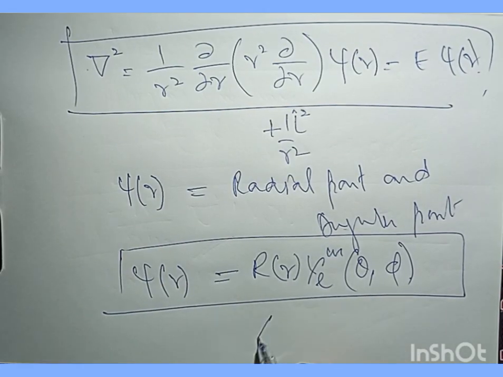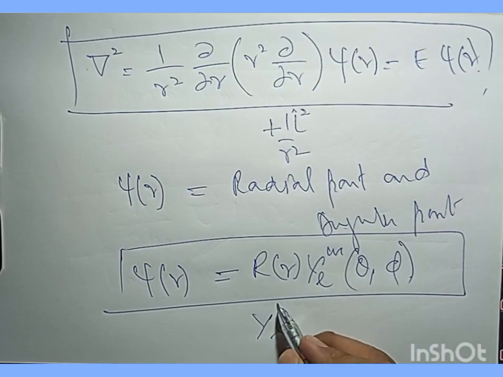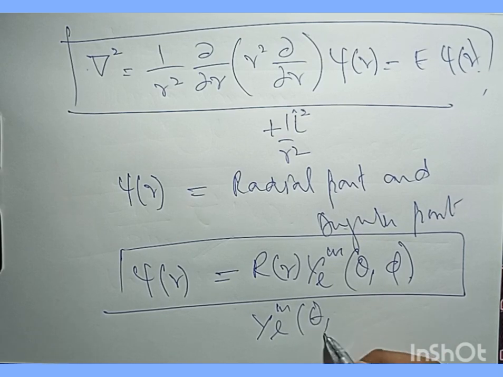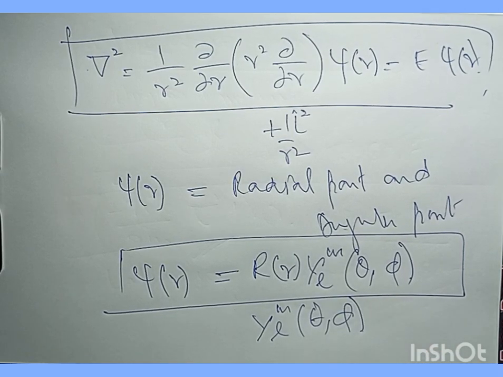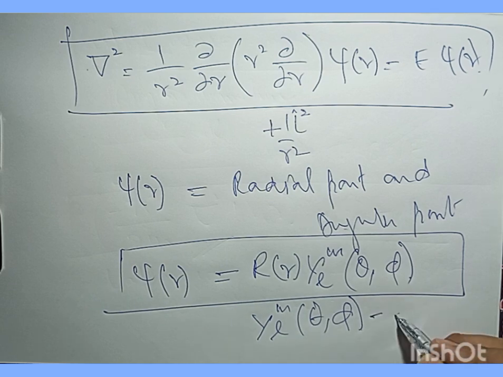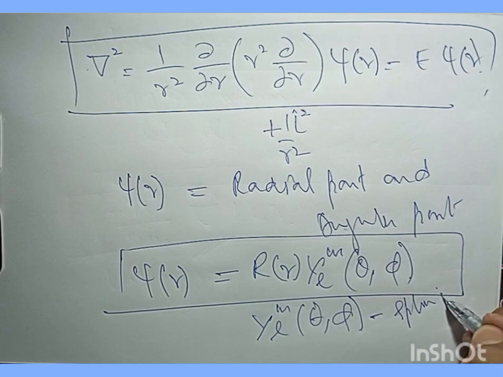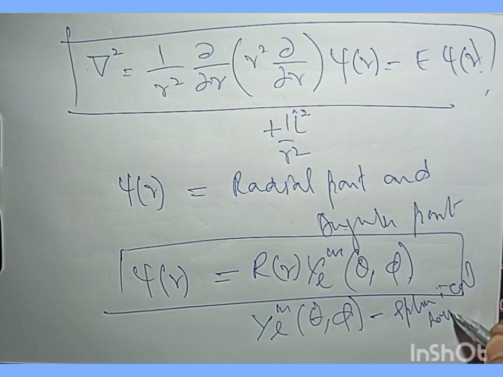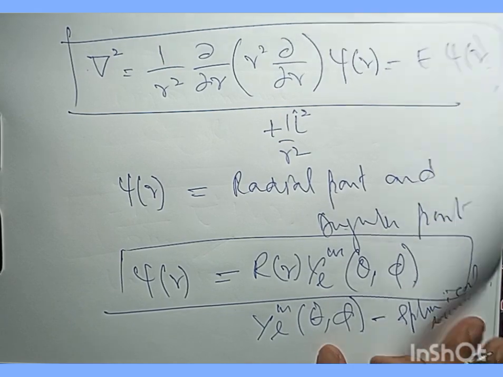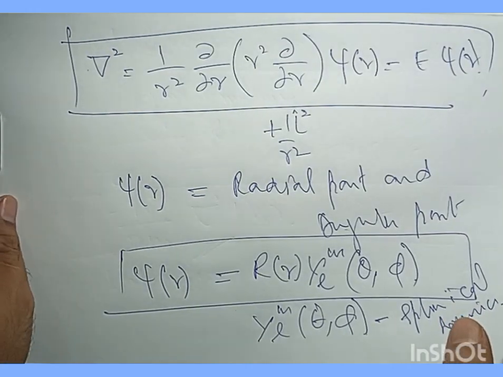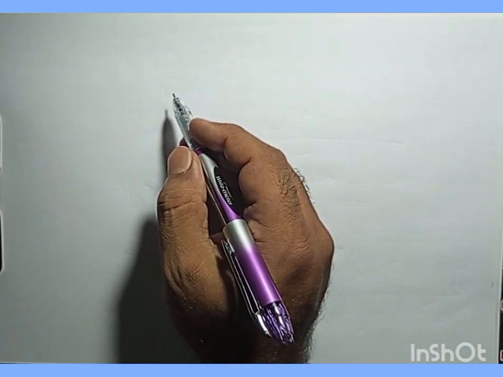Here Y, L, M, theta, phi are what we call spherical harmonics. What do they do?